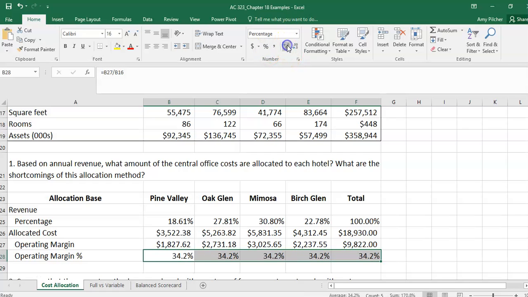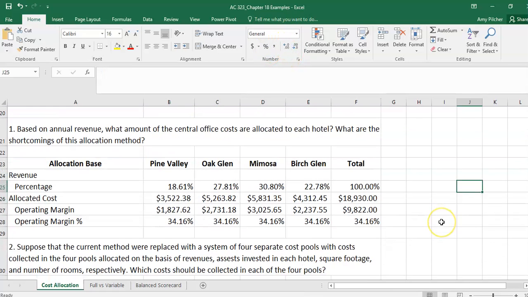So what we calculate is that basing that allocation on revenues, the operating margin of every single hotel in this chain is exactly the same. This makes it difficult for the hotel to be able to use operating margin as a performance measure.